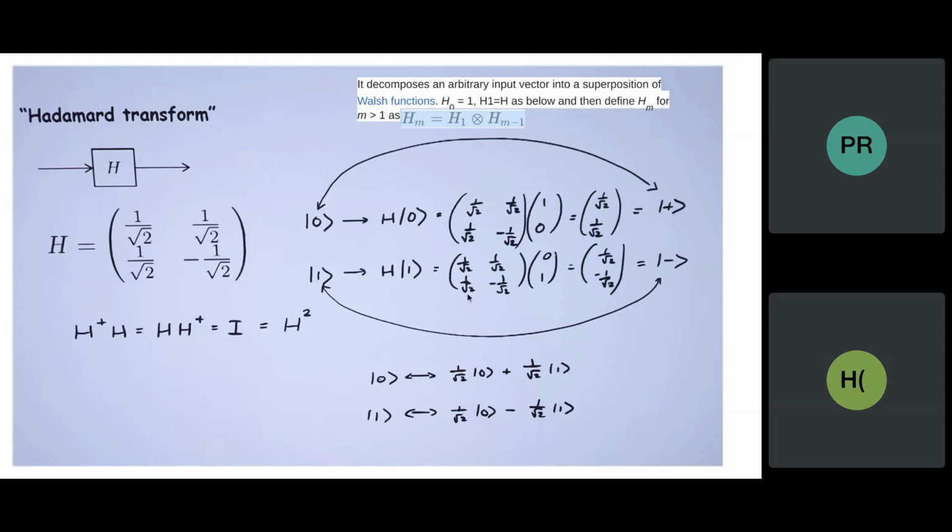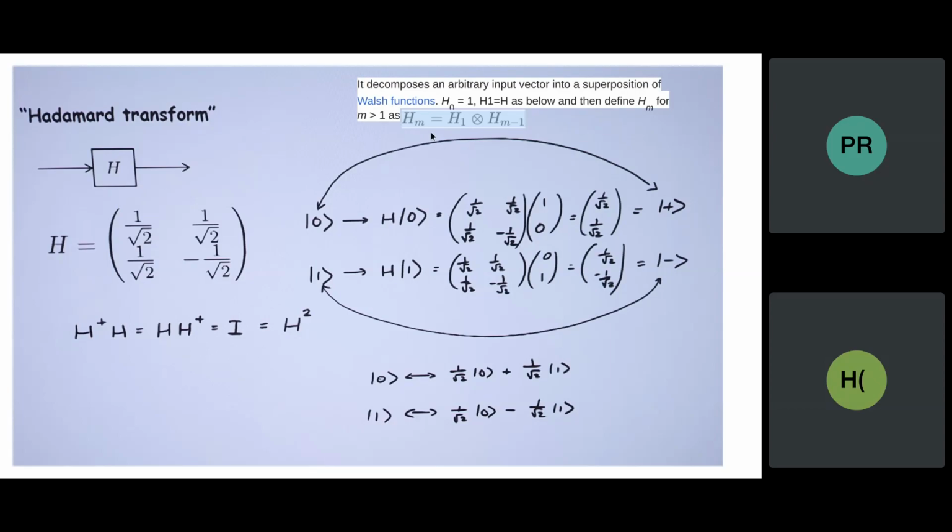Basically, whatever you represent in 0 and 1 space, if you apply the Hadamard transform to any vector in this vector space, you will get a transformation of basis. So if you want to transform the basis from 0 1 to plus minus, you should apply a Hadamard transform.